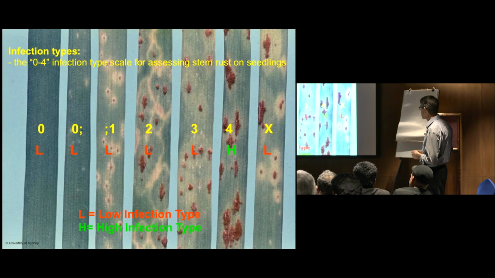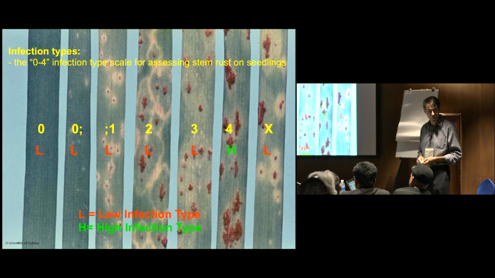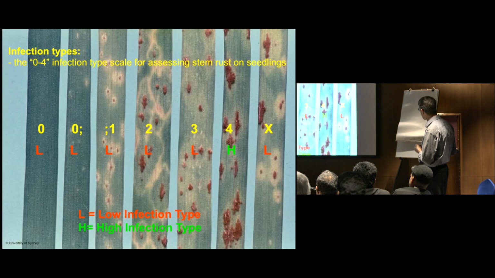All of these here we would say are low infection types, right? Or incompatibility, or avirulent pathogen isolate, resistant host. This one here, the 4 infection type, is high infection type or compatibility. Virulent pathogen isolate, susceptible host. Compatible interaction.